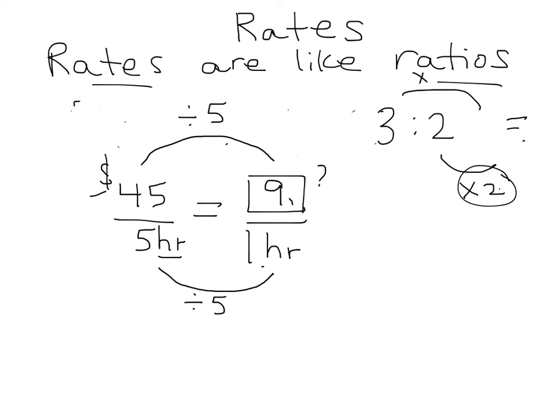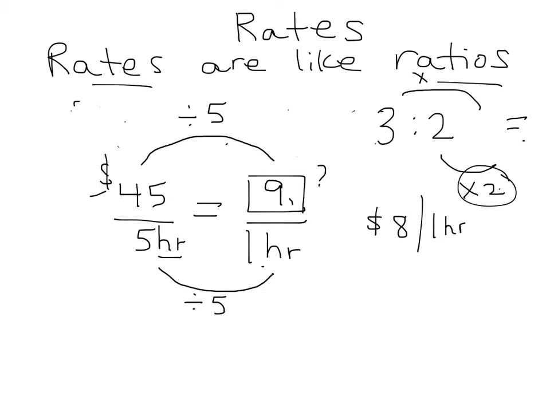Okay? We can do the same thing multiplying. So what if I said that I make $8 per hour? And I want to find out how much I'm going to make in 6 hours.